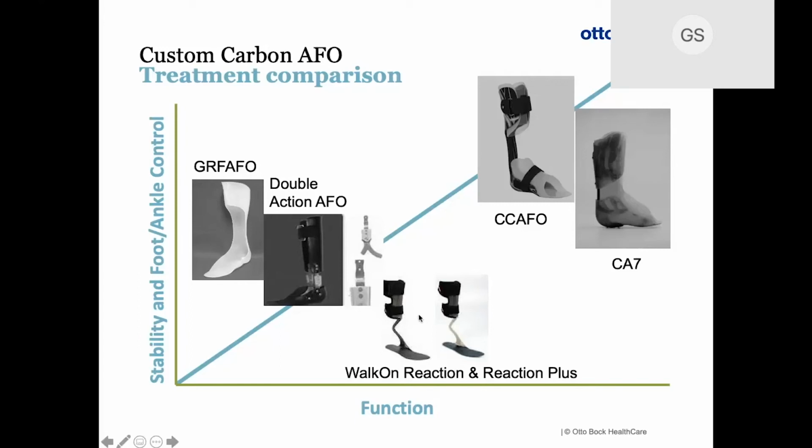We certainly have ours called Walk-On, the Walk-On Reaction and Reaction Plus, which can also provide an amount of control to that tibial progression. It also provides that rollover shape, but they're also limited in that they're made for certain set sizes. So when we talk about coupling with the patient, that's really important because this coupling or interface with the patient can provide it in a custom way with the CCAFO and the Carbon Ankle 7.